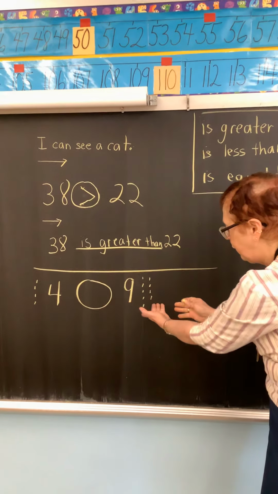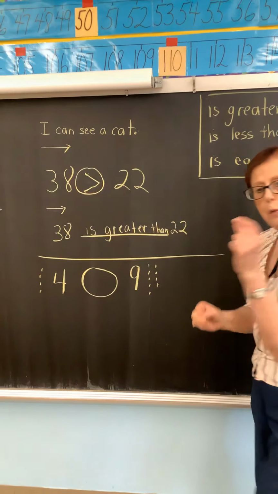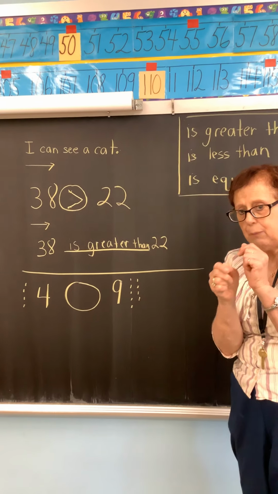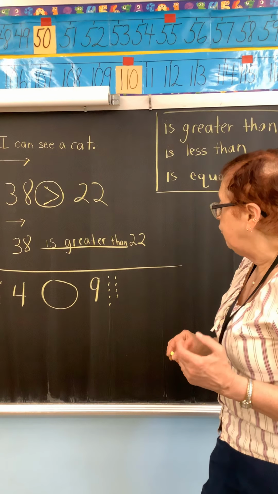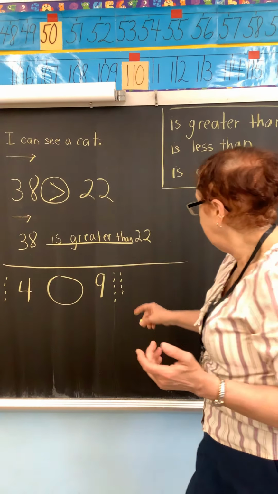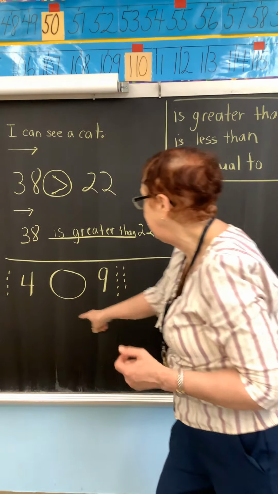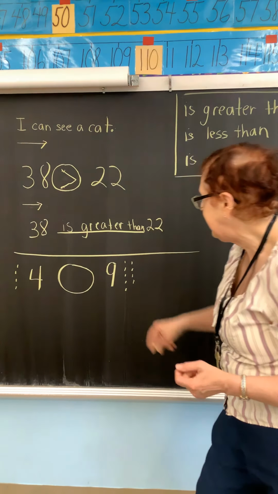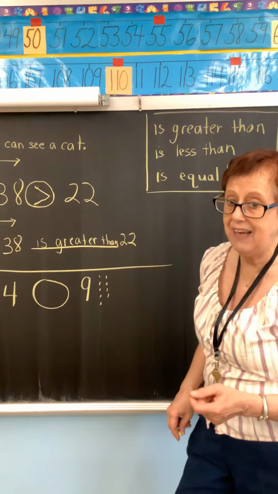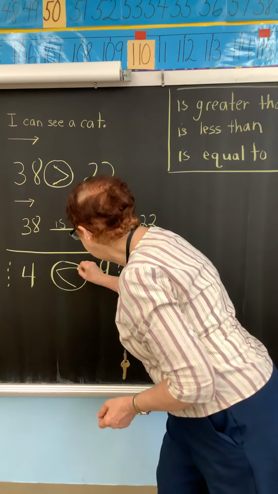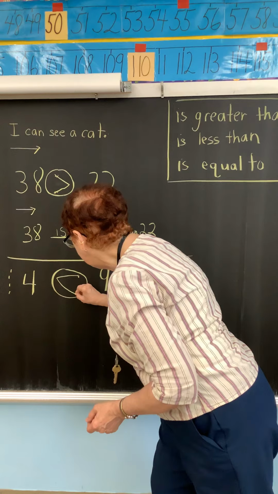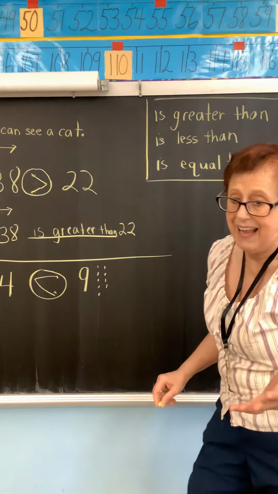Can you see which one has more? That's why you want to use your little 10s and 1 strips if you need it. The big open mouth is going to want to eat more. So if this was candy, do you think he would want to eat 4 or eat 9? And I know you're saying eat 9, right? So we want the big open mouth to face that way. And you don't have to put the teeth. I know some kids like to.